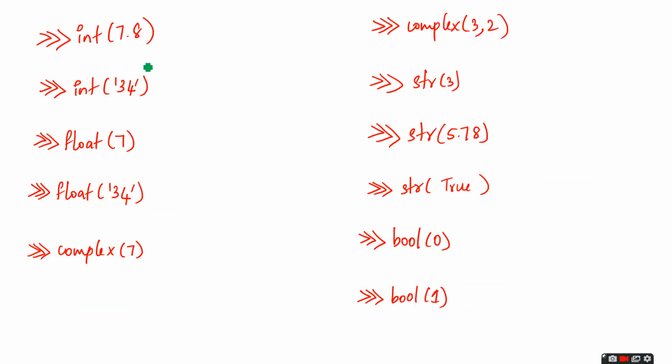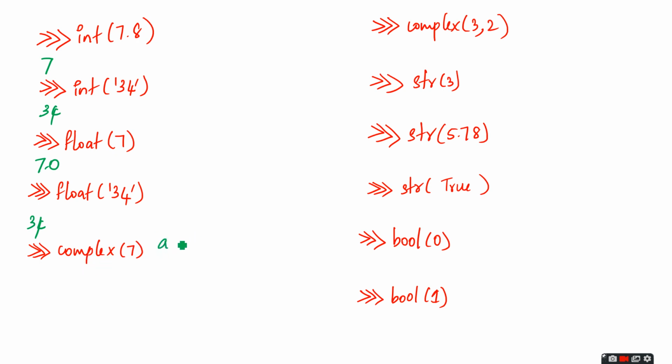Now we can try some conversions. Int 7.8, the output will be 7 by removing the point part. Int of '34' inside single quotes means we will get the result as 34. Float 7, it will be in floating point representation. Float of '34' inside single quotes means it will be 34.0. Then next is complex of 7.